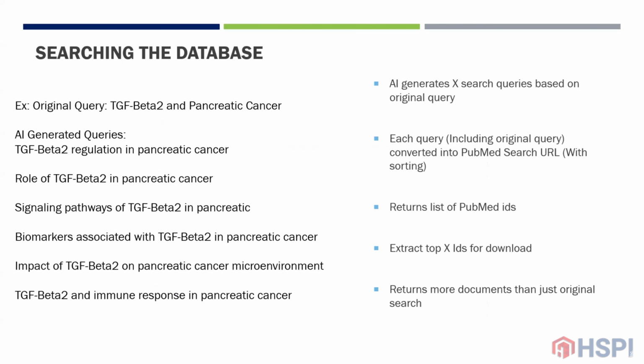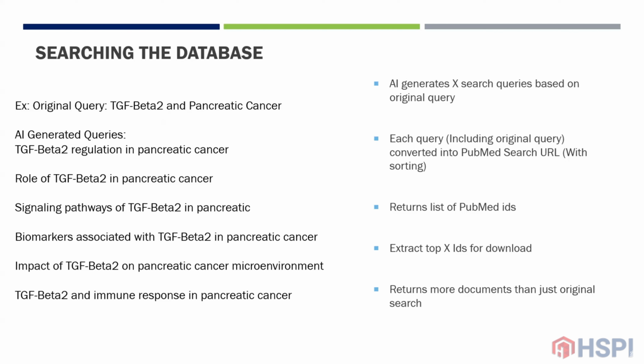So the first thing is searching the database. And so what we do is we actually first take your original search query, and in addition to that search query, based on the number of search queries that you selected, we use AI to generate multiple additional search queries. So you can see some of the original query here and some of the AI generated ones.